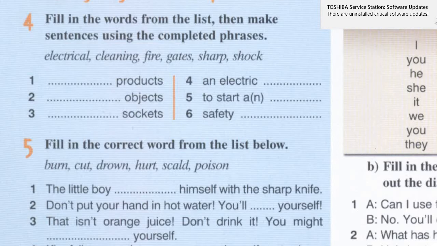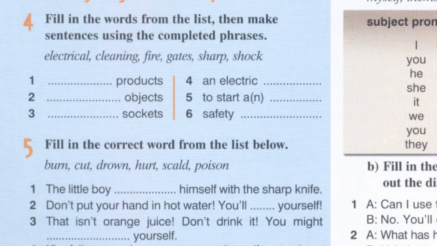Okay, number 4. An electric shock. Well done. What is shock? Shock is a violent shake. That is the meaning of shock. What is the correct word to complete the expression in number 5?